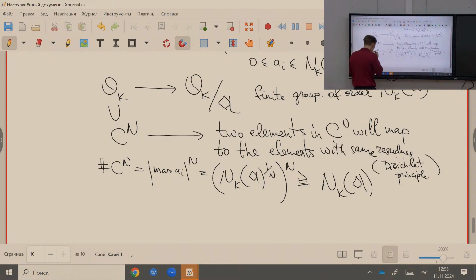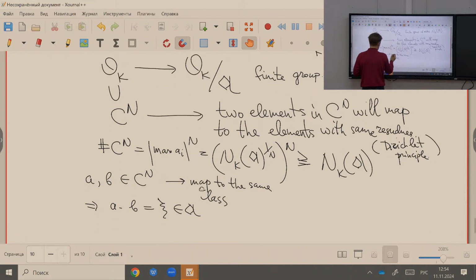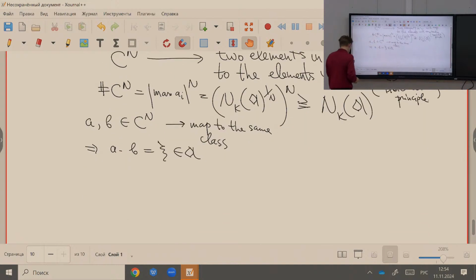Yeah, so we notice that if you have a and b that belong to C^n, and they map to the same class, this implies that a minus b is some psi that belongs to the ideal a. And now I want to understand what are the possible coordinates of psi.